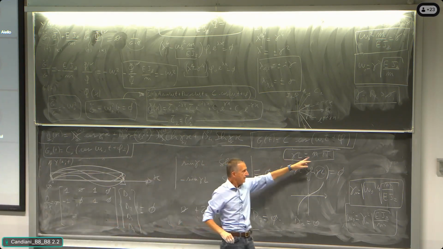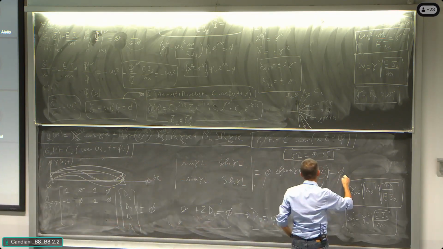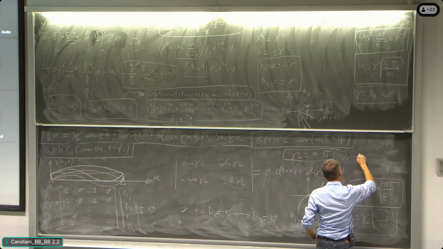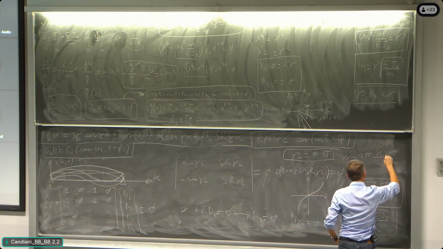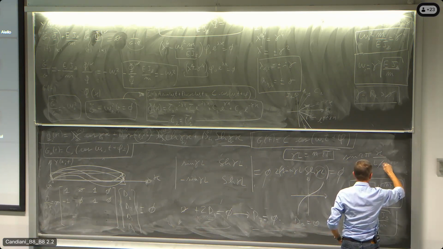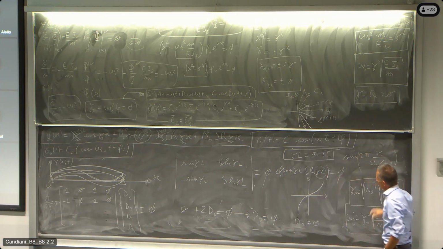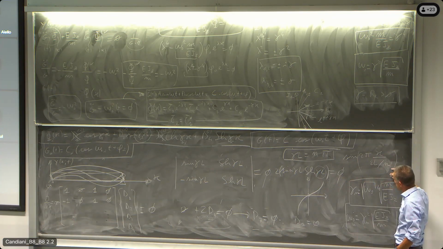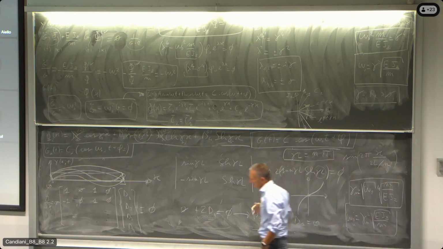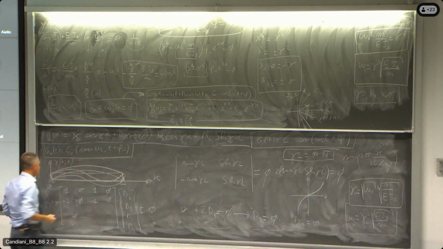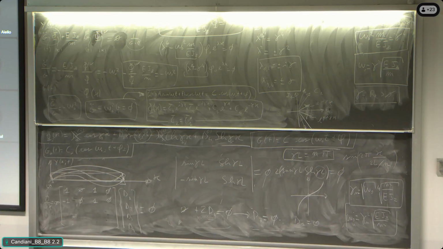Gamma L equal n pi means that we are writing sinus of n pi x divided by L. So we are writing exactly the same solution that is the one for the tensional cable.